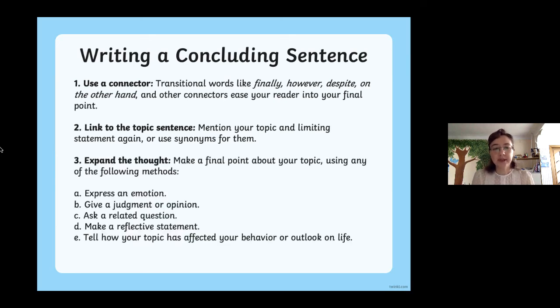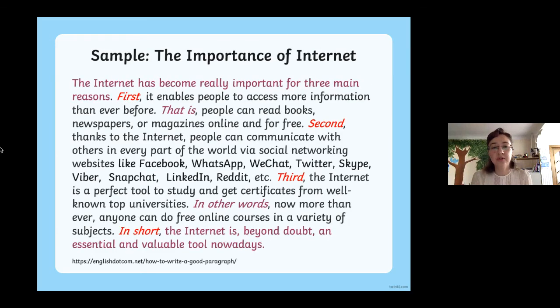Number 3, expand the thought. Make a final point about your topic using any of the following methods. Express an emotion, give a judgment or opinion, ask a related question, make a reflective statement, tell how your topic has affected your behavior or outlook on life.